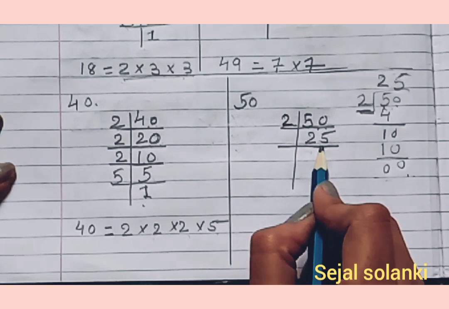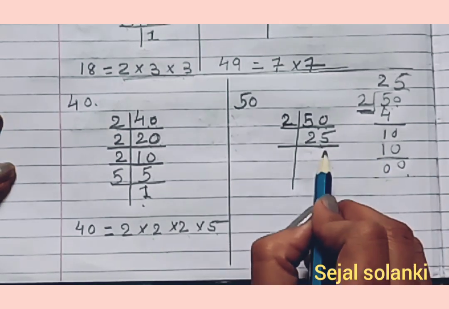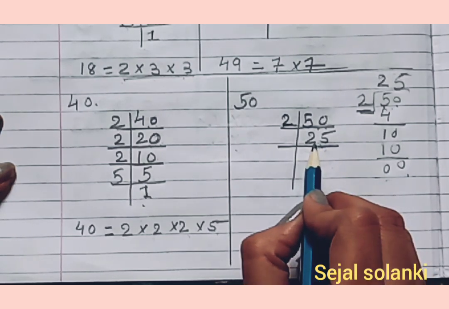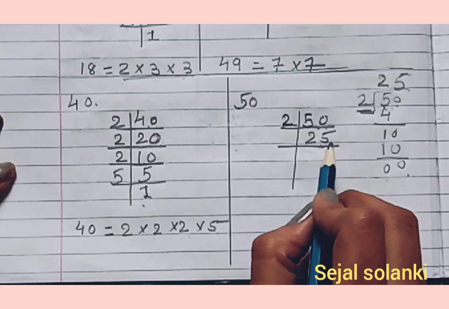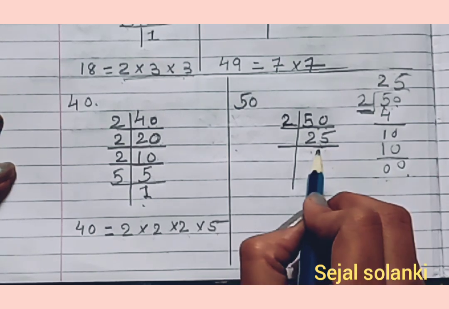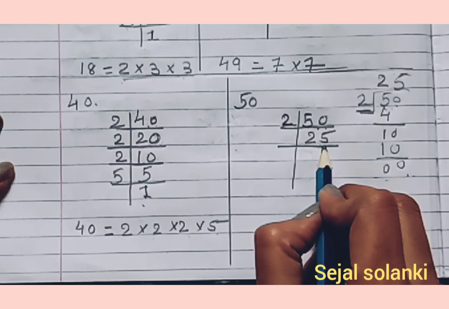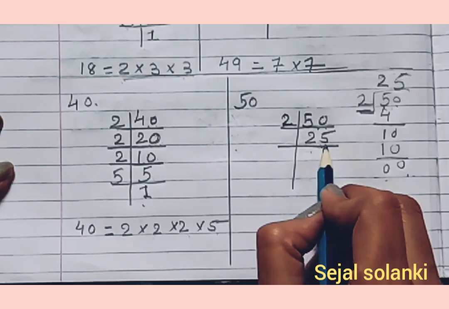It is an odd number, so it cannot be divided by 2. Can it be divided by 3? Let's check the divisibility of 3. 5 plus 2 is 7. 7 cannot be divided by 3. So 5: yes, the ones place is 5 or 0.